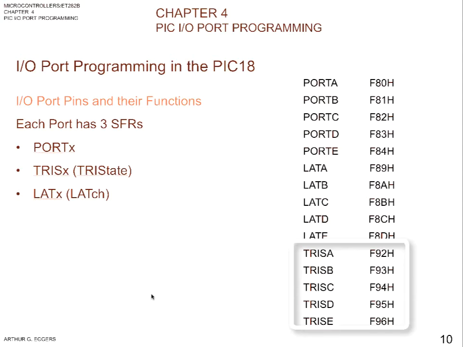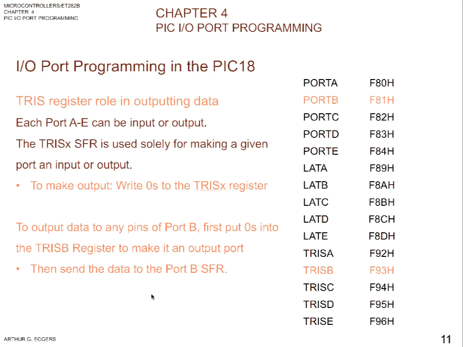In other words, to output data to any of the pins of port B, we must first put zeros into the tri-state buffer register to make it an output port, and then send data to the port B special function register. So you need to keep that in mind as you're going through the exercises. If you start having problems with data not being present, maybe you did not clear the register first by putting the zeros there and then placing the information that you are interested in.